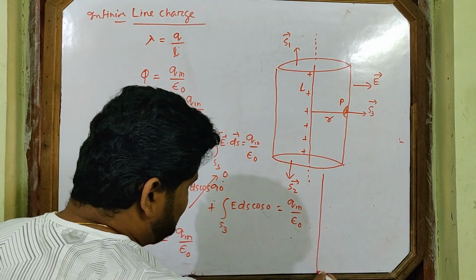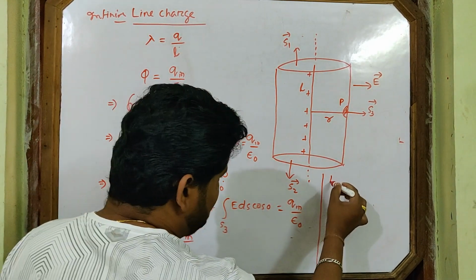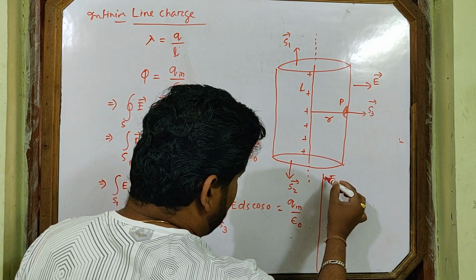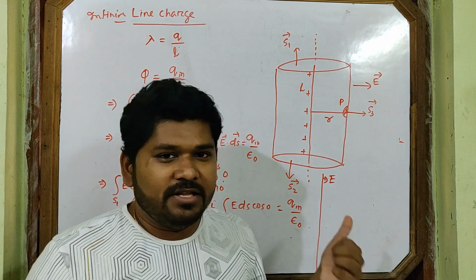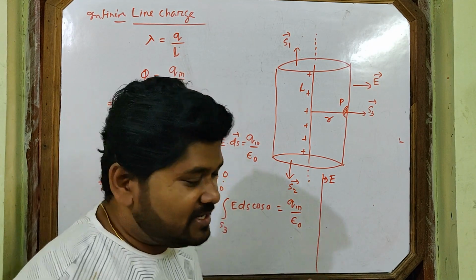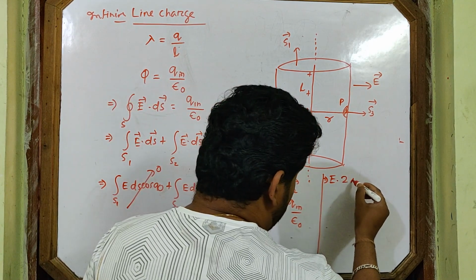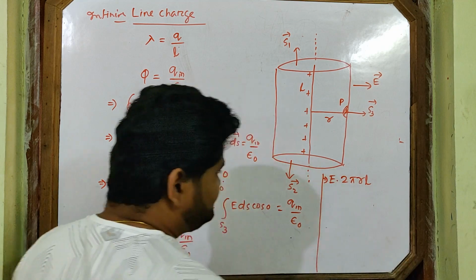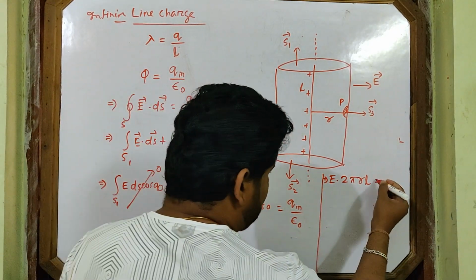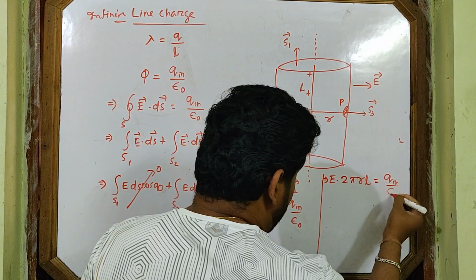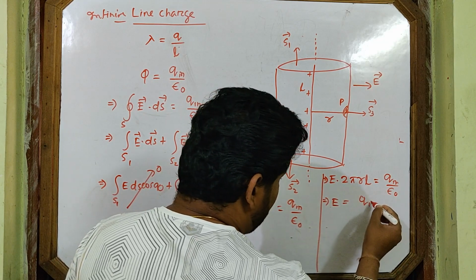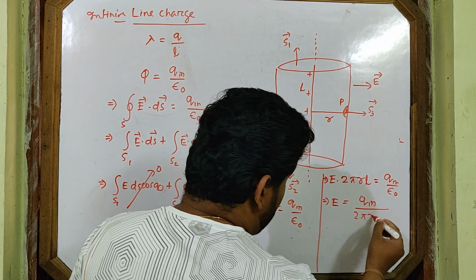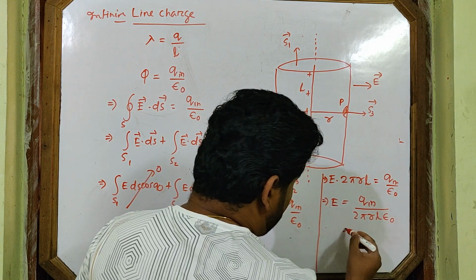Now what is the integration of ds? It is done only on the curved surface area of the cylinder. What is the curved surface area formula of the cylinder? 2 pi r L. So E times 2 pi r L equals Q in by epsilon naught, so E is Q in by 2 pi R L epsilon naught.